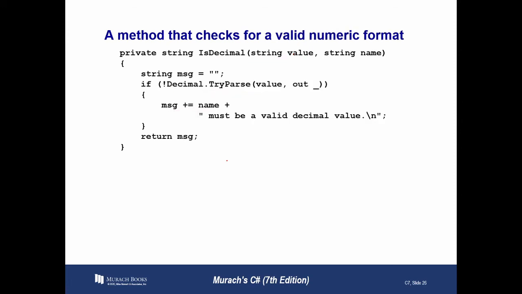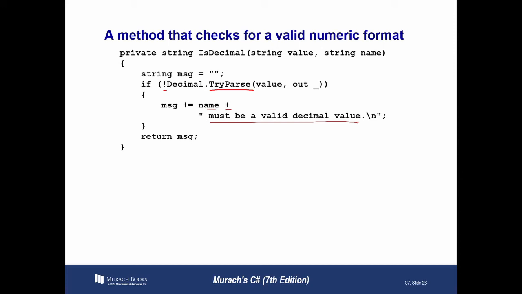And now we can look at numeric formatting, okay? So we've got the not again and the TryParse. And in this particular case, we've got the message string and we're doing the plus equals operator name, and then we're concatenating this message. Whatever it is that you're putting in there, you're saying must be a valid decimal value.